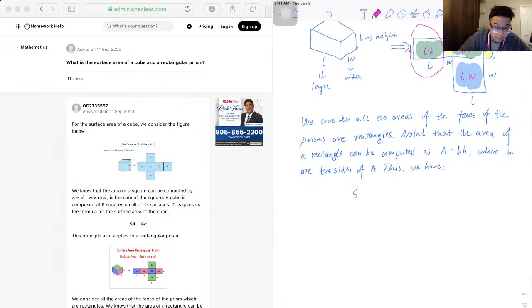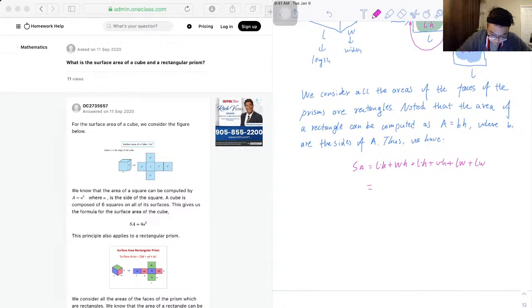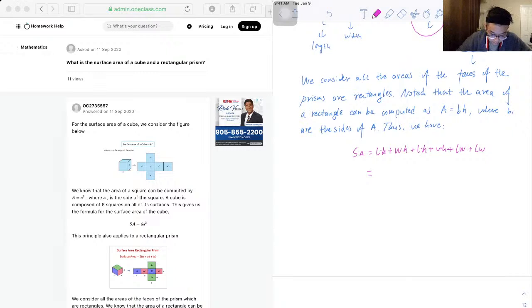So surface area is equal to LH plus WH plus LH plus WH plus LW plus LW. By simplifying all this, we found that we add LH twice, WH twice, and LW twice.